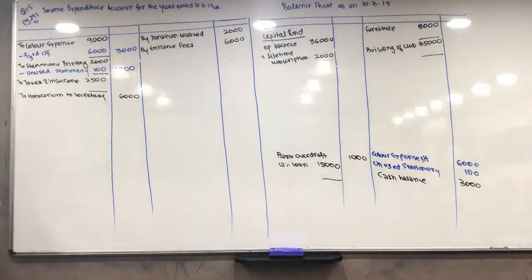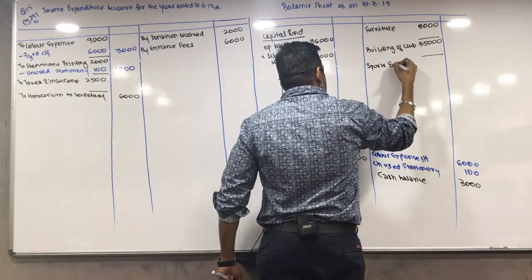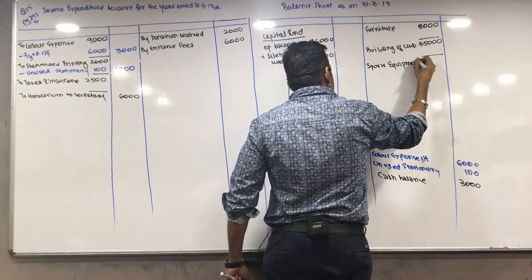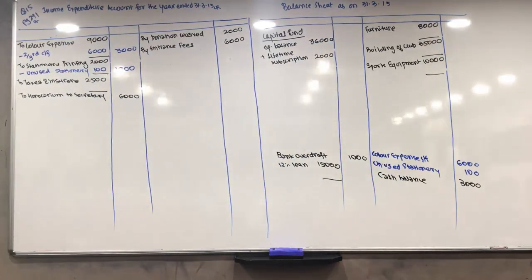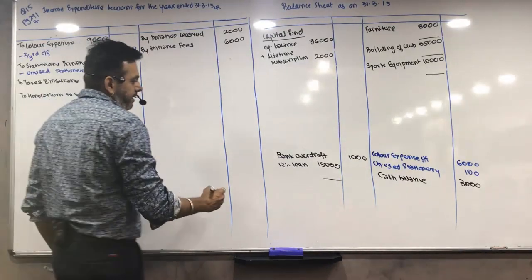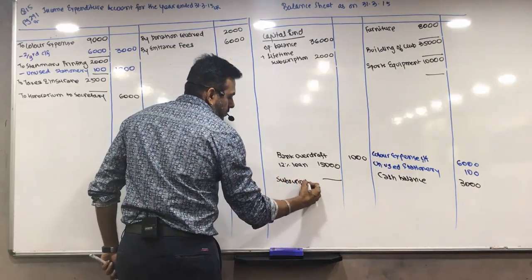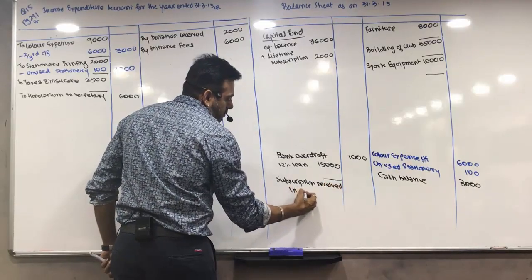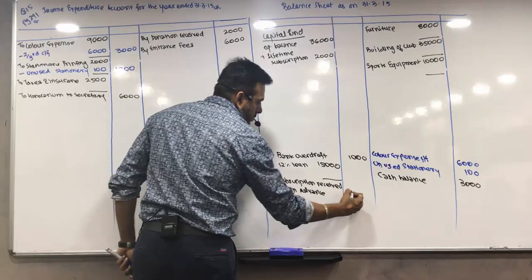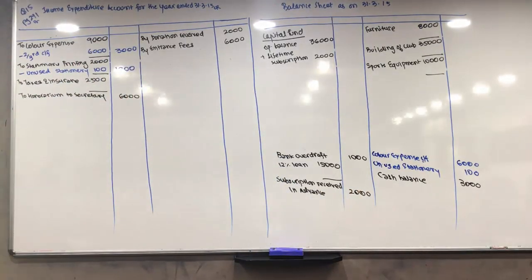Sports equipment, inner column 10,000. Subscription received in advance, liability, 2,000.